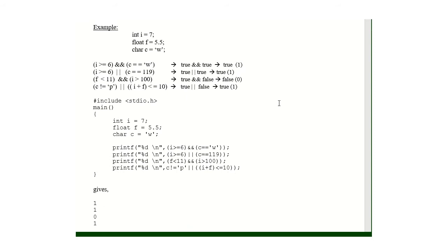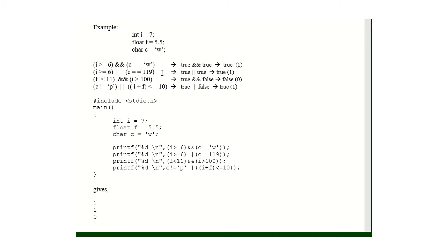In the following example, we have integer variable i, floating point variable f, and character variable c with initial values. In these operations, which involve relational and logical operators, we plug in the values. The first is going to be true and true, true.